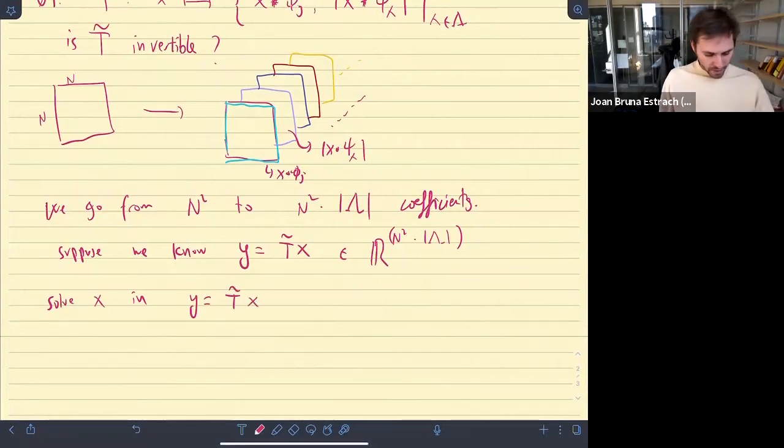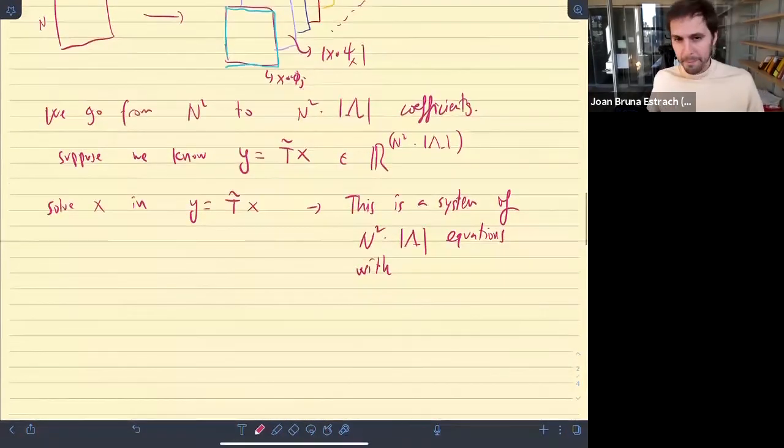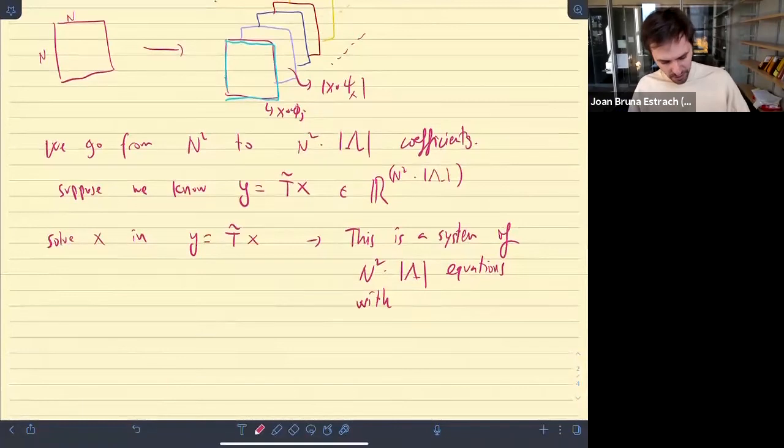So this is actually a system of n squared times this number of subband equations. With how many unknowns? We are looking for X, and X has n squared pixels, so there's n squared unknowns.